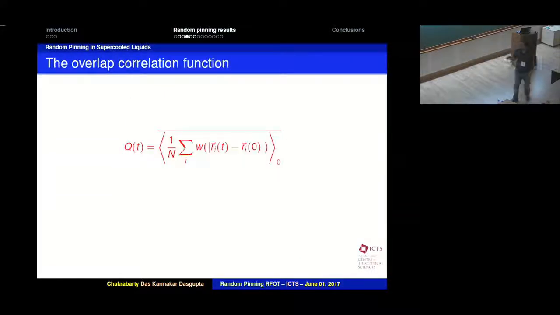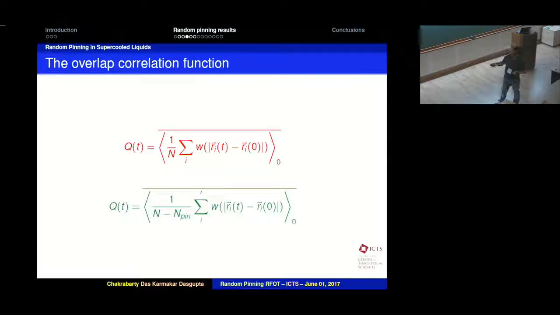And so what we mainly focus on is the overlap correlation function, which is a measure of the fraction of particles which have not moved by a sufficient distance from their initial position after time t. This is the version for the system without pinning.